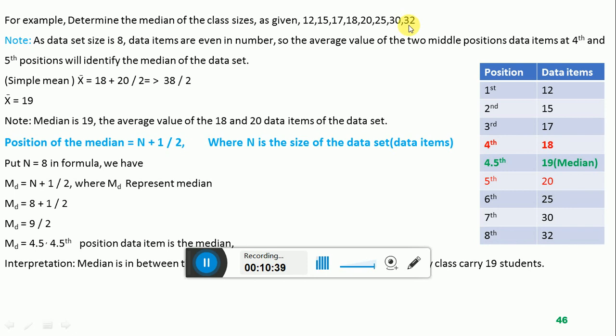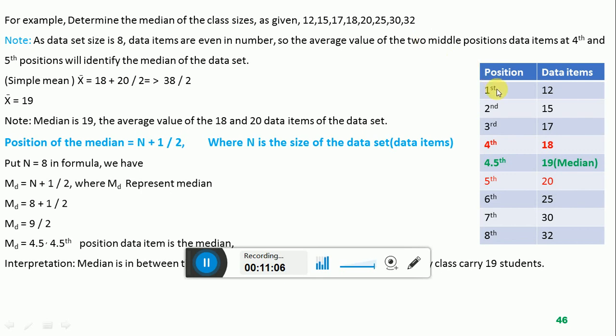The same example, but I just included another data item, 32, that is the 8th data item. Now the data set carries 8 data items. 8 is an even number, so the statistician can identify the median simply by computing the average value of the two middle position data items. What are the two middle position data items?